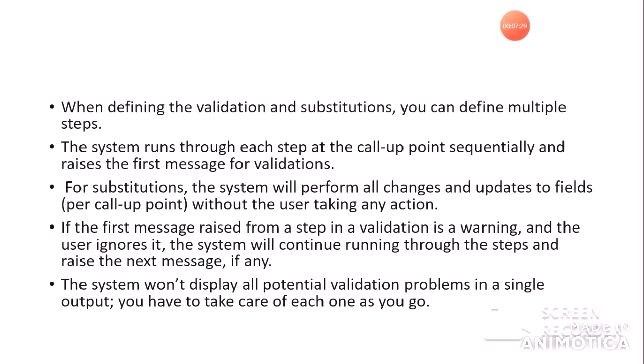If the first message raised from a step in a validation is a warning and the user ignores it, the system will continue running through the steps and raise the next message if any. The system won't display all potential validation problems in a single output. You have to take care of each one as you go.